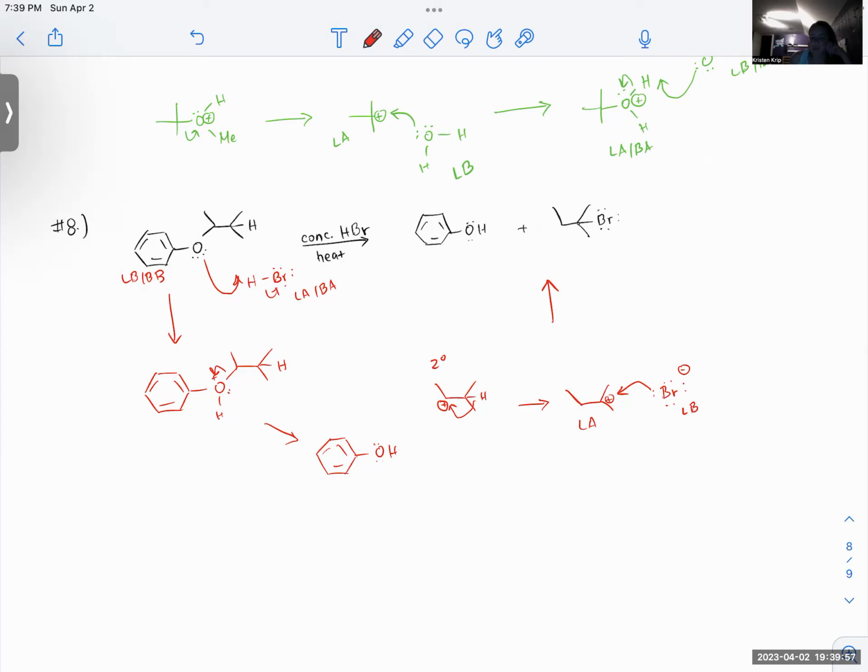So I feel like that one proceeds a little bit more typically when we're talking about acid reactions. I wish I could remember what number I did the other day so that I can look at it again and see how it was actually different. The bromine took a methyl group off of it.